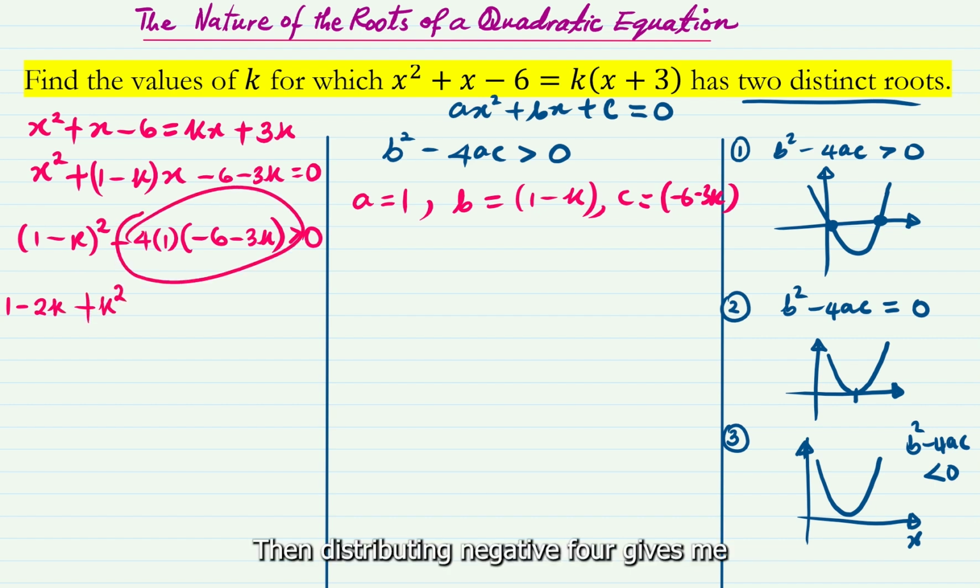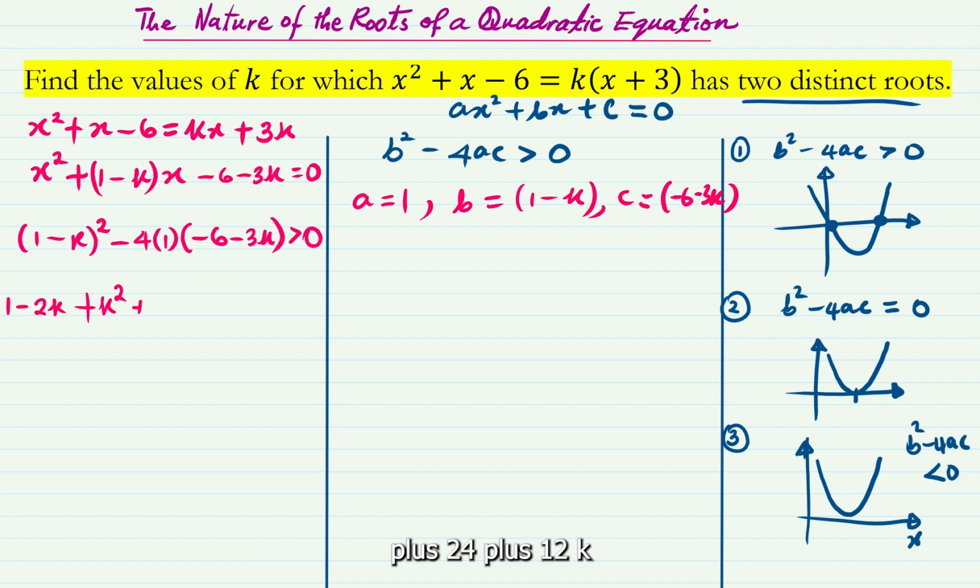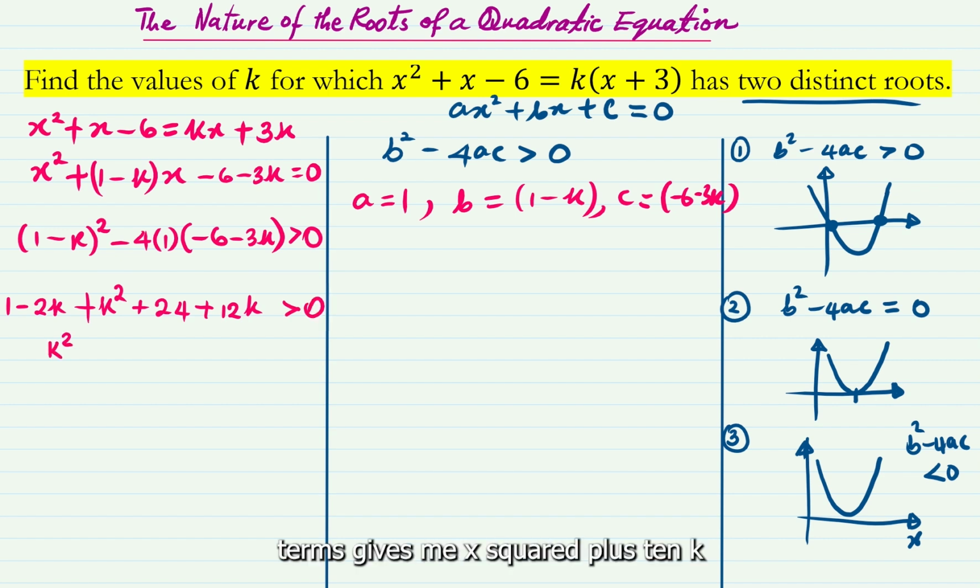Then distributing negative 4 gives me plus 24 plus 12k is greater than 0. Collecting like terms gives me k squared plus 10k plus 25 is greater than 0.